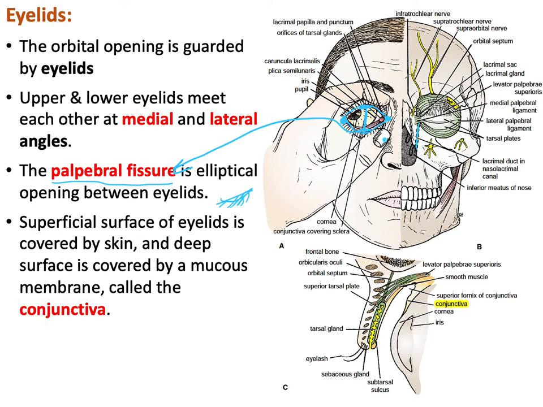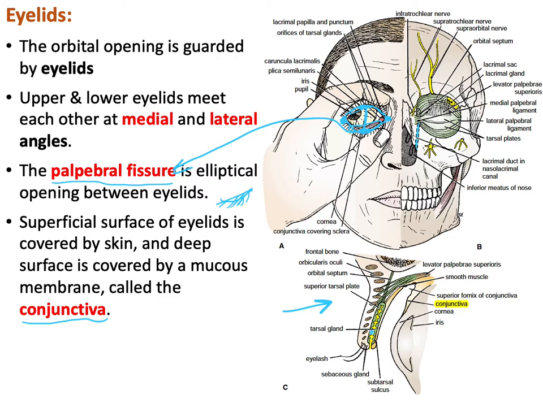Now, if you try to grab your eyelid and look at what's inside, you will see that it's lined by a mucous membrane. This mucous membrane is called conjunctiva. So again, this is, maybe, a sagittal section of the eye, in which this is the upper eyelid here, and this is the cornea and your eyeball.